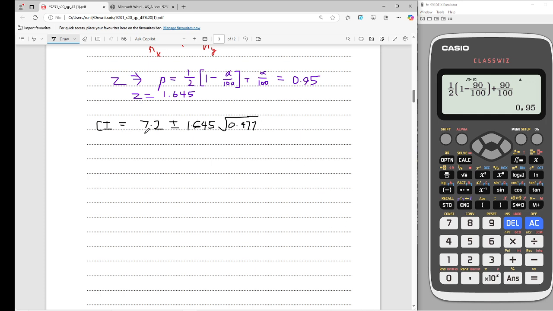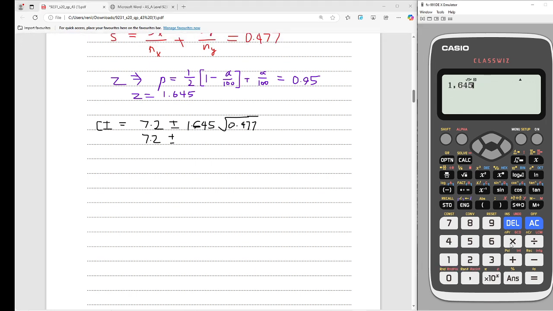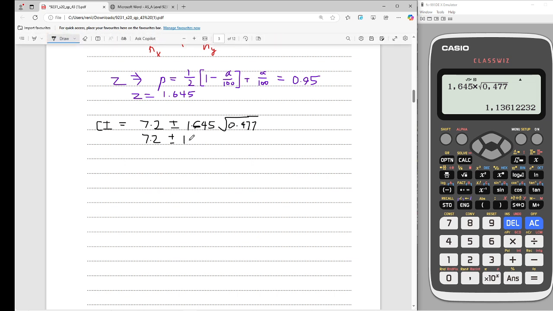Okay, now let's calculate this. 1.645 times root of 0.477 is equal to 1.136.